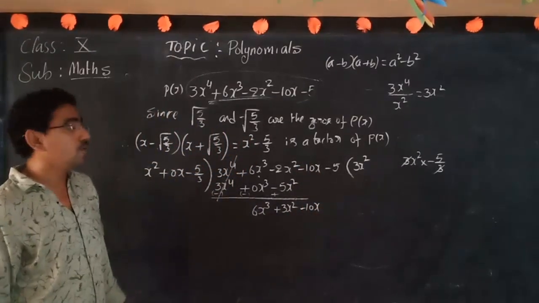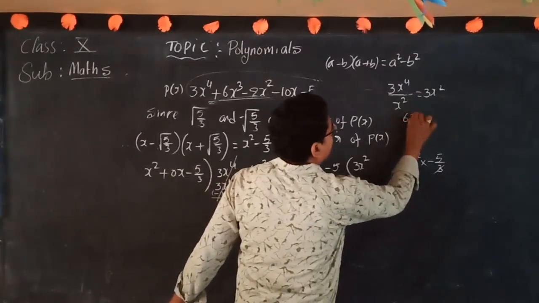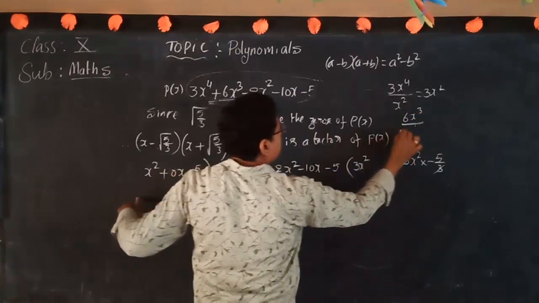Next, how will you get the next term in the quotient? This is the dividend, 6x cube, first term, divided by the divisor's first term x square.